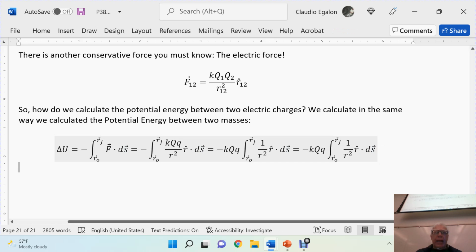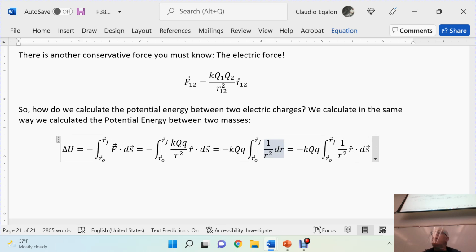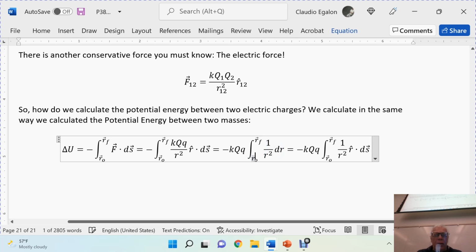When we take this dot product, what do we get? We get dr, because the ds can have all sorts of components. If it's spherical coordinate system, it's going to be r hat, theta hat, and phi hat. The only thing that survives is the dr in the r direction. When we change the integration variable, we also have to change the limits.